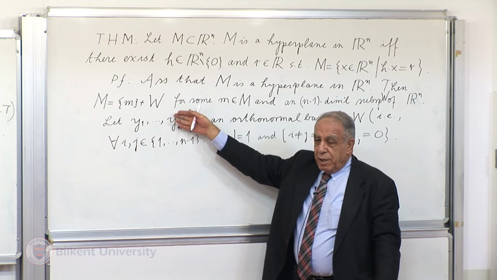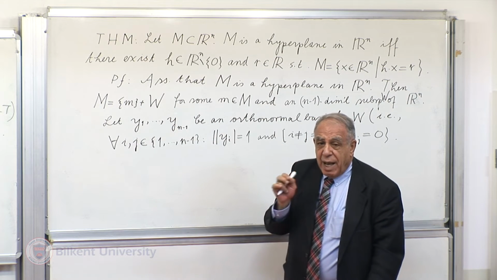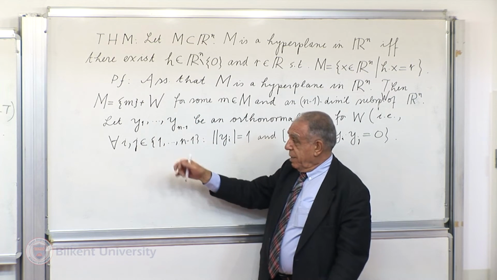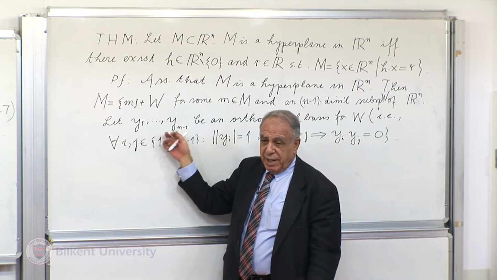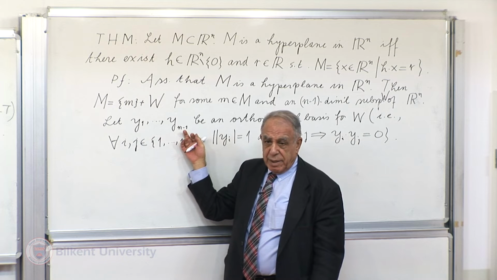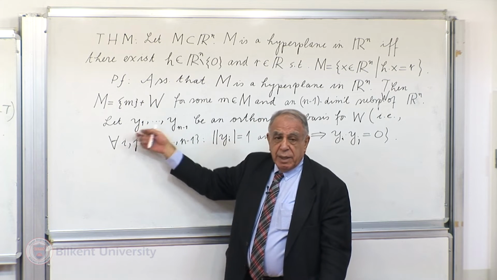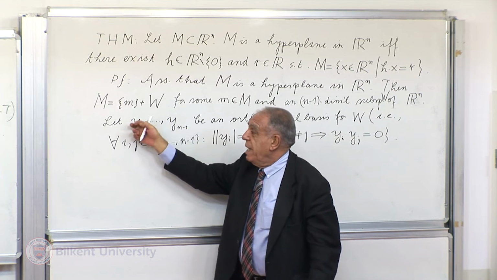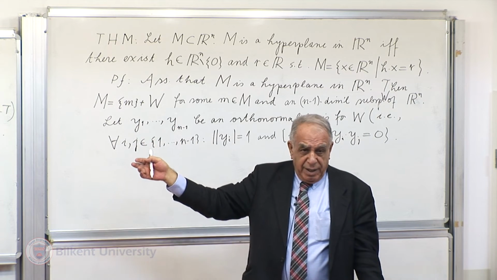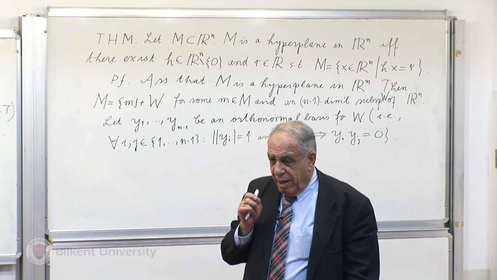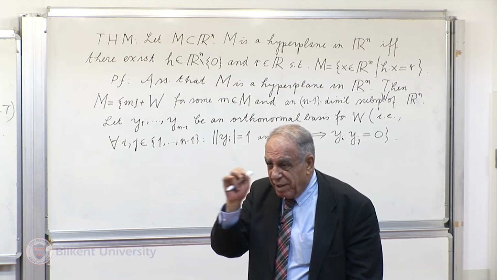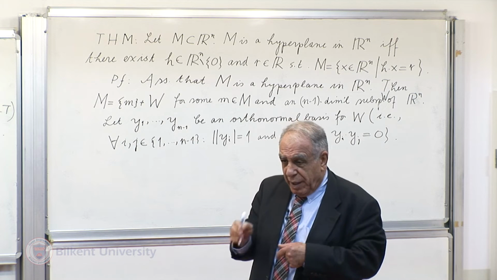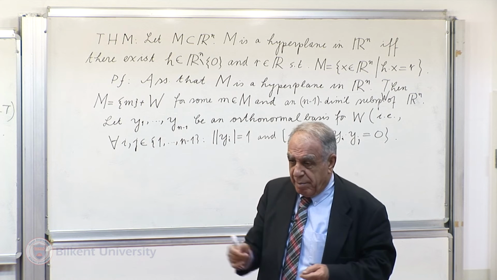So, if we can find some vector from outside W which is orthogonal to each of these y1, ..., yn minus 1, because anything in W, this being a basis, means any point in W is a linear combination of these. If I find something which is orthogonal to each of the yi's, then it dotted with any point of W will be equal to 0. So it will be orthogonal to any linear combination.